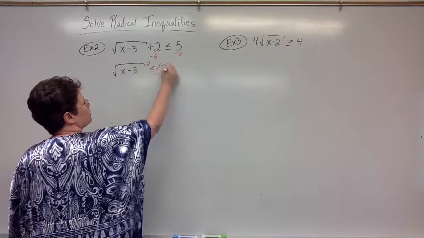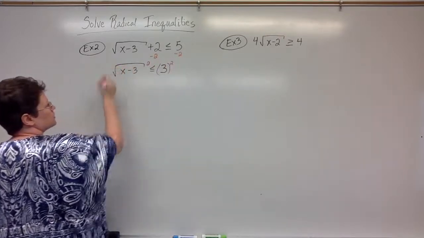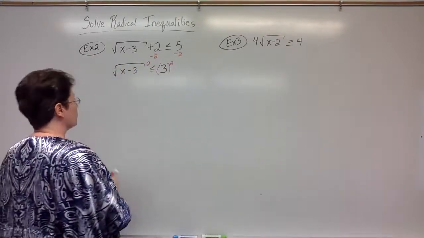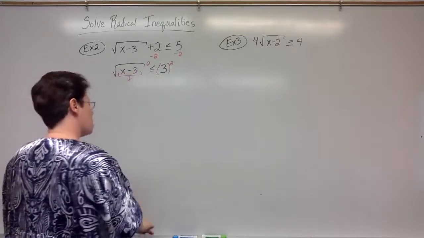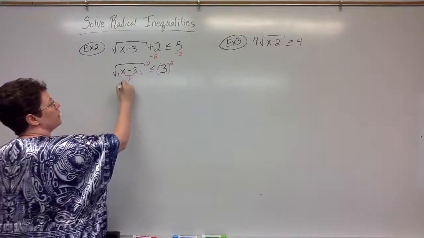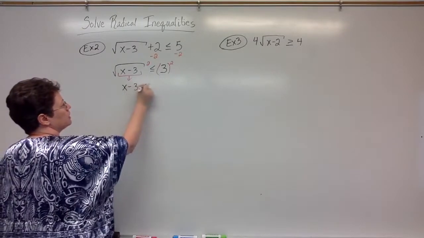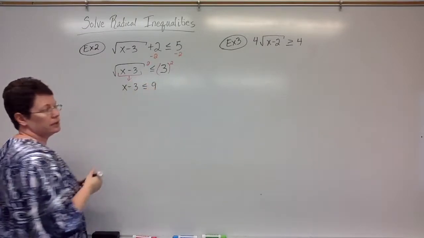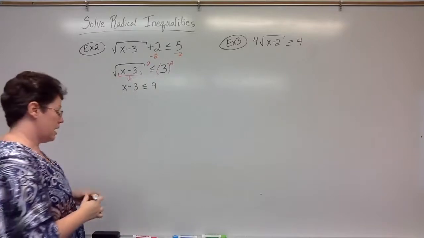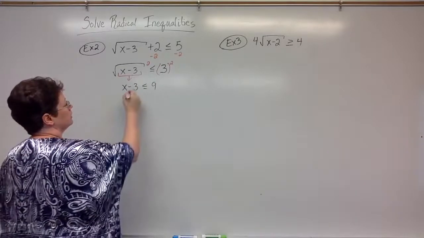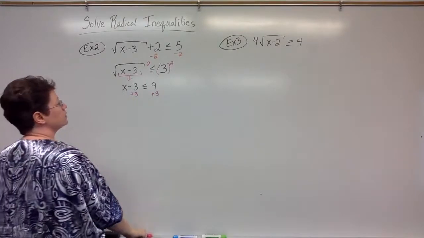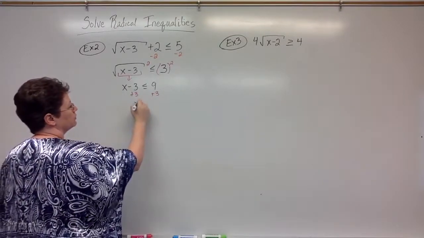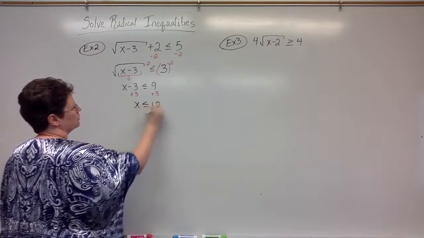How do I know that I'm squaring it? Yep, it's a square root. Remember, the stuff inside comes down. All of it. So I have x minus 3 less than or equal to 9. Now I need to add that 3 to the other side to get x by itself. So x is less than or equal to 12.